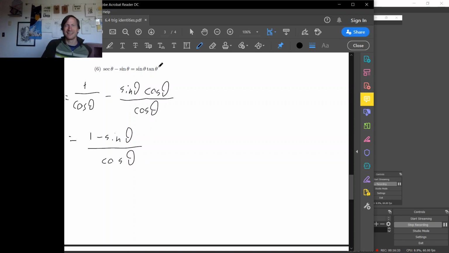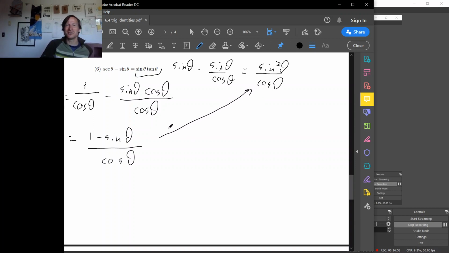On the right-hand side, sine theta times tangent theta, tangent theta is sine over cosine. So this would be sine squared theta over cosine theta. And I don't know, looking at these two, I don't really see these ever being equal to each other. So I kind of suspect that this supposed identity is actually false. So let's try plugging in some theta values.